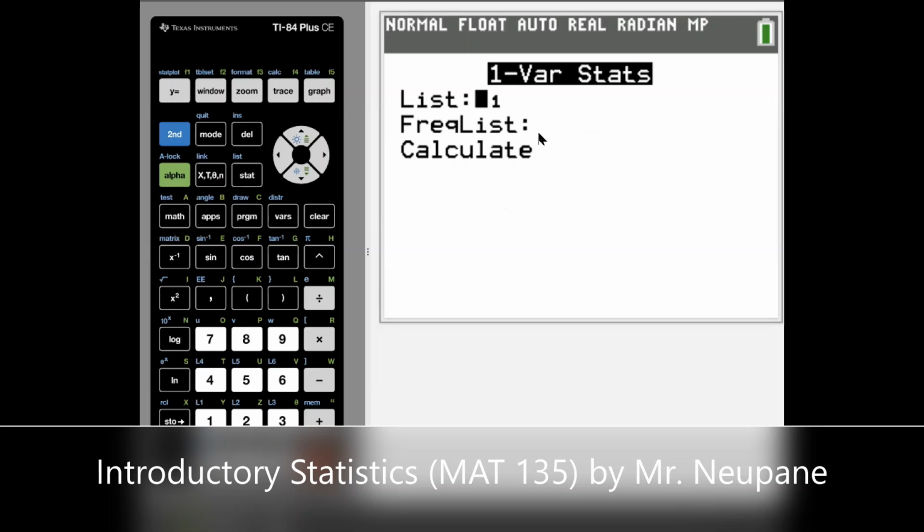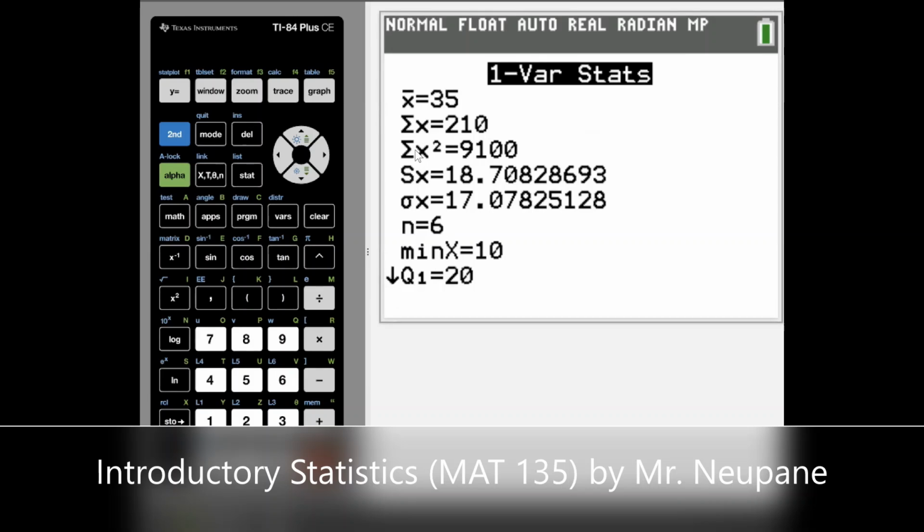If there is anything in frequency, you remove that and come down and hit calculate. And you'll see here is a sigma, that is your population standard deviation. And we got 17.078, and if you round to 4 decimal places, 3.